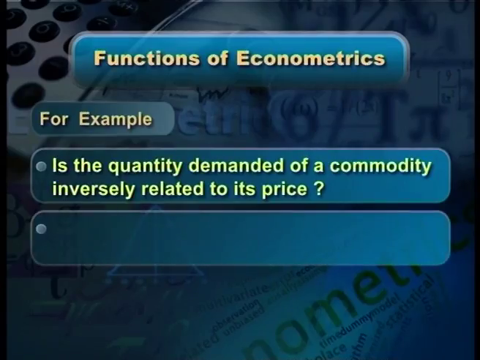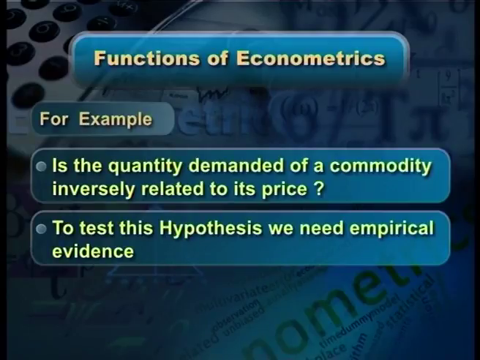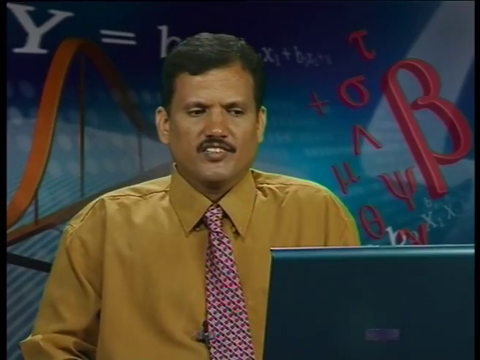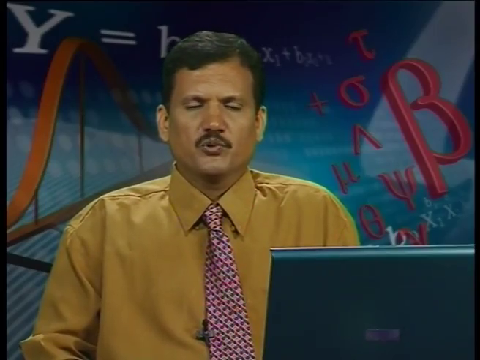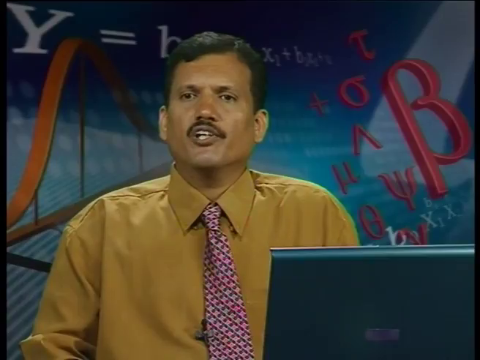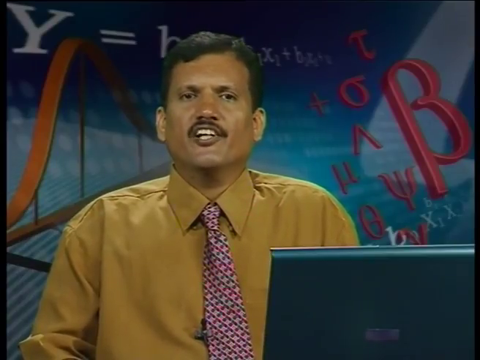To test this hypothesis, we need empirical evidence. That means, there is a negative relationship between price and demand. To test this hypothesis, we need empirical data. Based on data, we can find out the values.